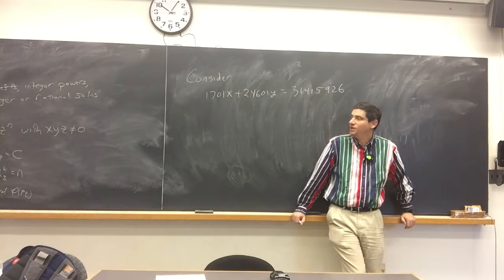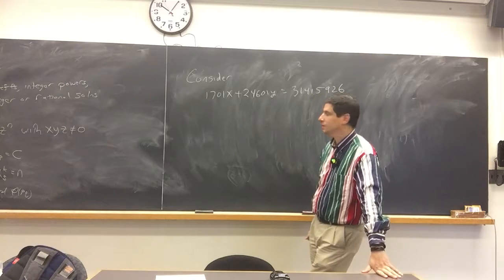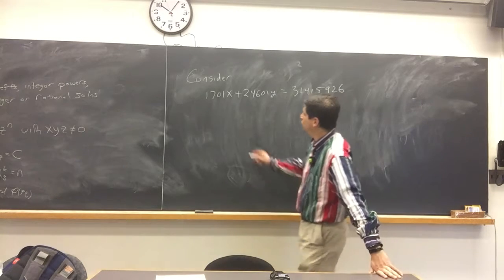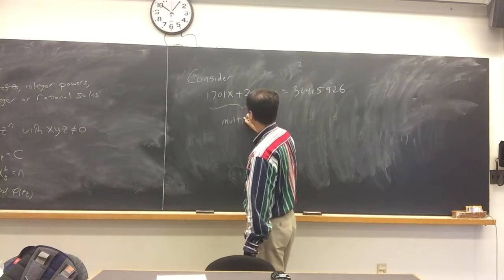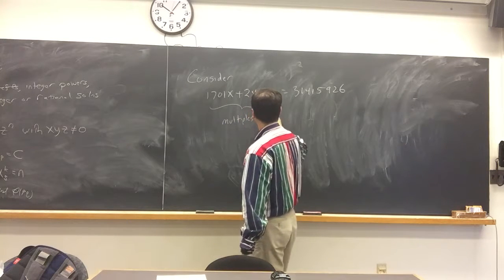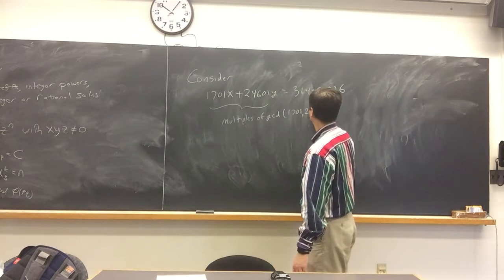And if they're not relatively prime? Well, so we know everything here. We get all multiples of the GCD of 1701 and 24601.